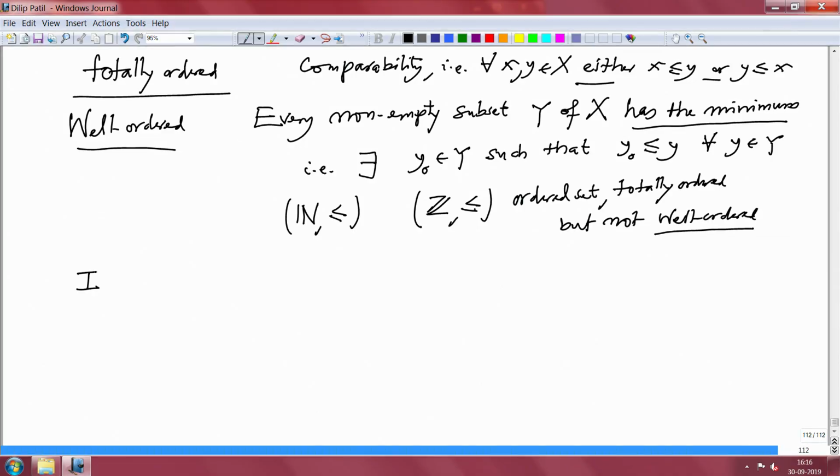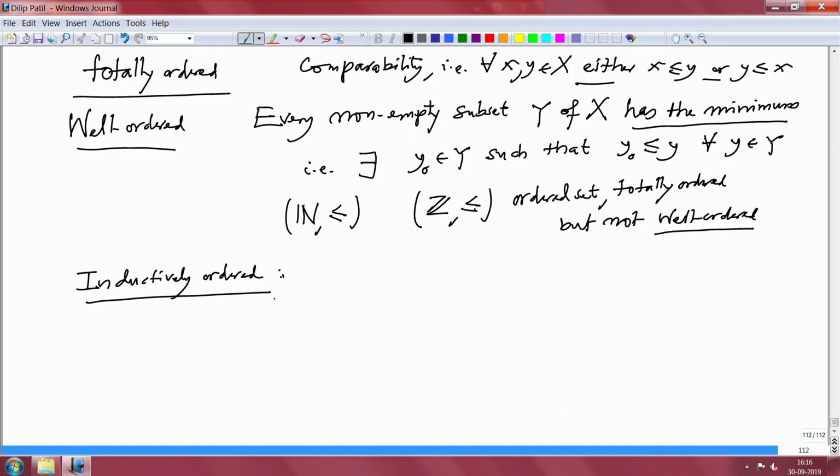And remember, when we used Zorn's lemma also I used the term inductively ordered. What was inductively ordered?